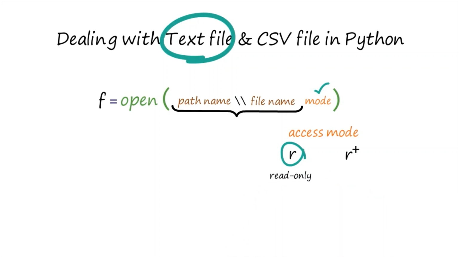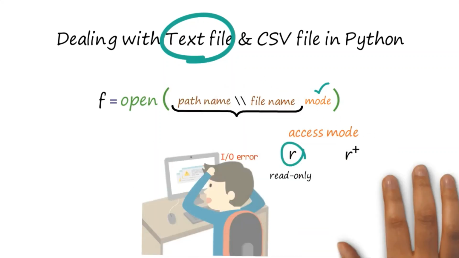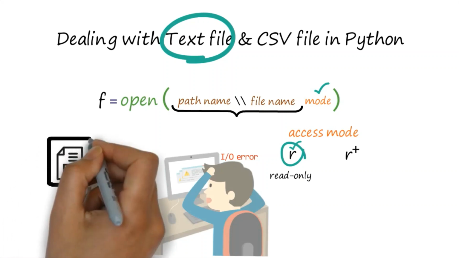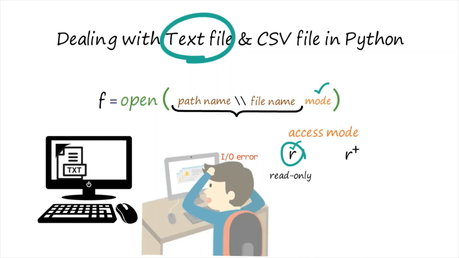This is the important point. But here you have to remember one more point, that it raises an input output error if the file does not exist. Means if you are going to use this R mode, then you have to assume that the text file should exist in a specific location within your computer. Otherwise, it will give you an error. This is the most important point.